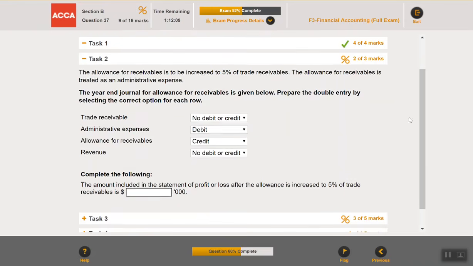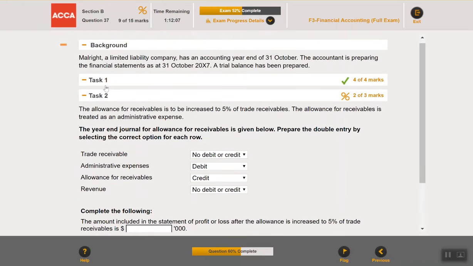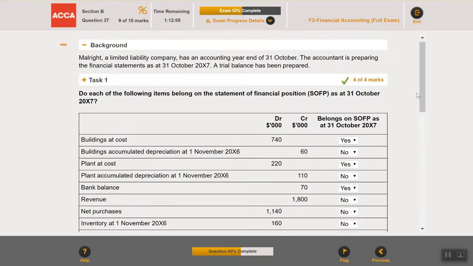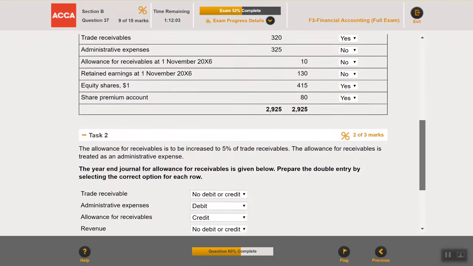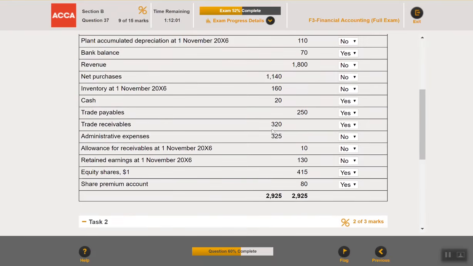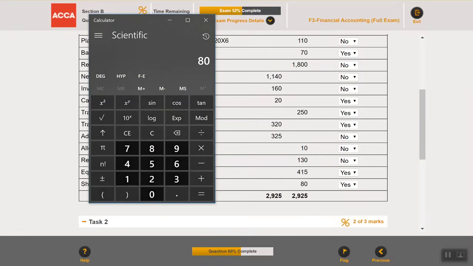okay, let's calculate the allowance. So we have receivables of 320. 320 multiplied by 5%. That makes it 16.